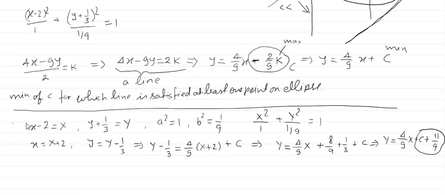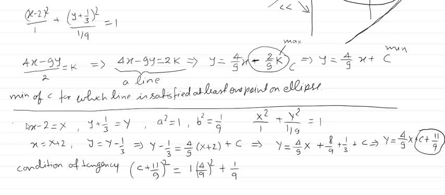Now the condition of tangency is c square, that is, c plus 11 by 9 whole square, is equal to a square m square plus b square. So a square is 1, m square is 4 by 9 square, and b square is 1 by 9.